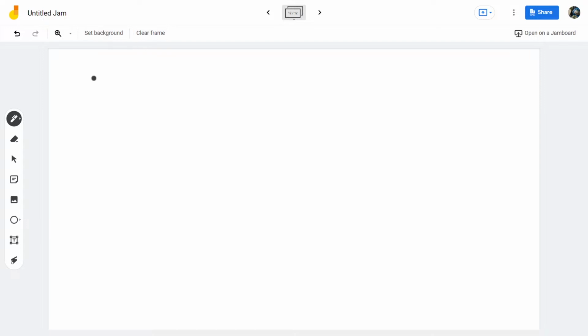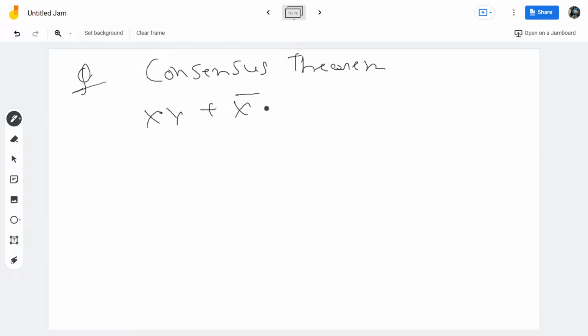So let's do one question related to this concept. We have one theorem that is also known as the consensus theorem. The theorem is x times y plus complement of x times z plus y times z is equal to x times y plus complement of x times z.